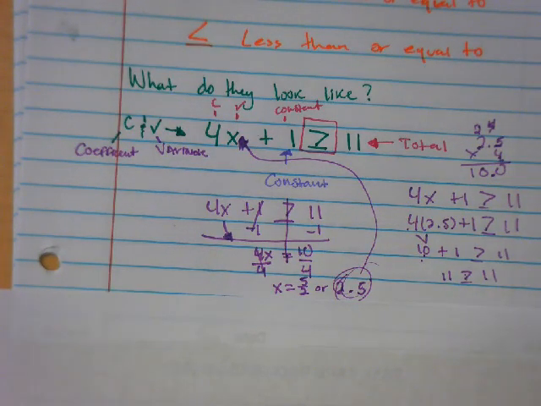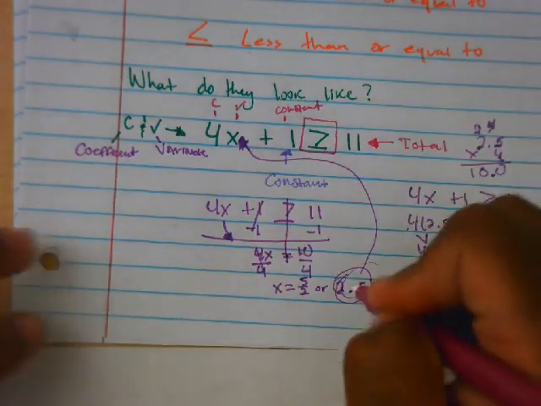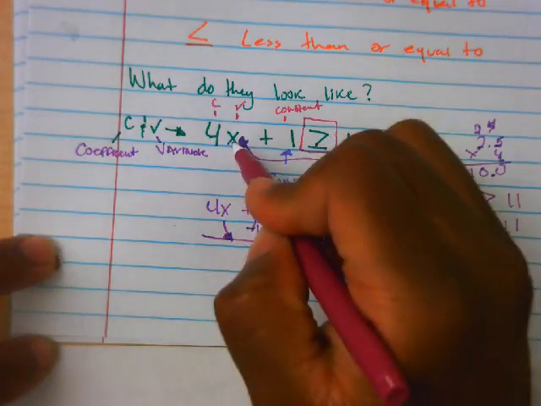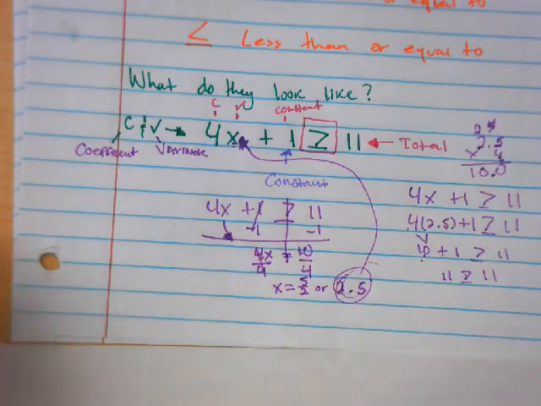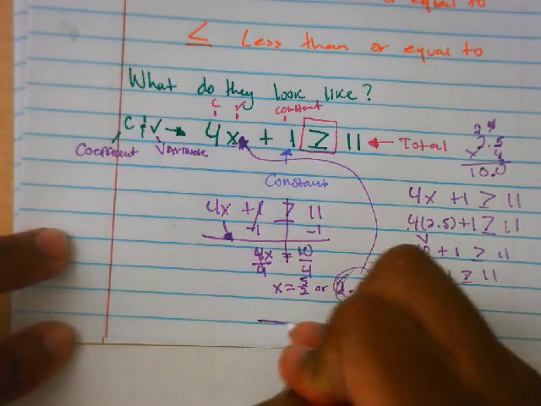Well, the deal with inequalities is that 11 isn't the only possible answer. 12 could be a possible answer. Instead of 2.5, I can put 3 into that function, and 4 times 3 is 12 plus 1, which is greater than or equal to 11.